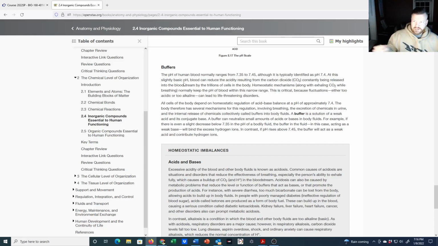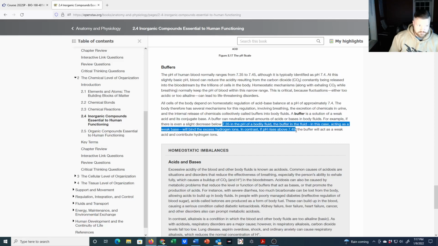Buffers prevent that violent swing in pH. Your body is heavily buffered. Your blood is heavily buffered because you don't want your blood to change. Your blood pH is 7.35 to 7.45. That's a narrow range. You don't want that to change very much.